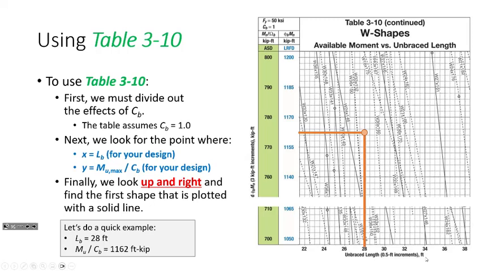What I am saying is that everything there is a safe design, okay? Because everything in that shaded region either has a higher moment capacity or it has a longer unbraced length. If you have a beam that's strong enough to withstand a 28-foot unbraced length, it can withstand a 30-foot unbraced length, because as unbraced length goes up, capacity goes down, okay?